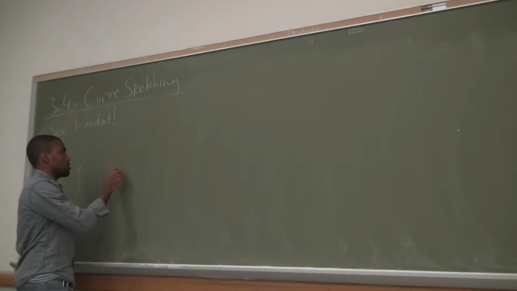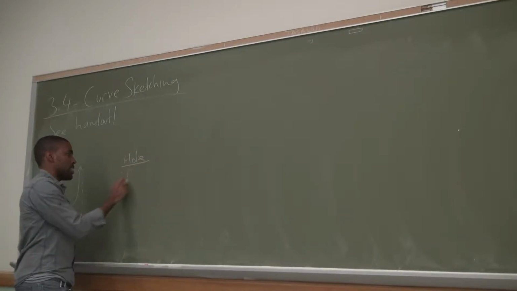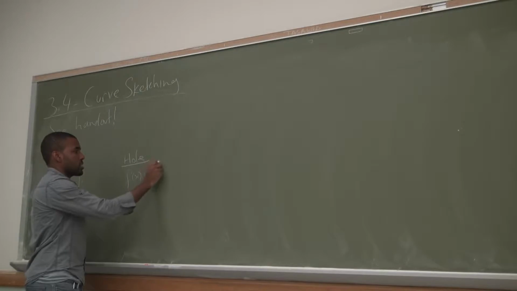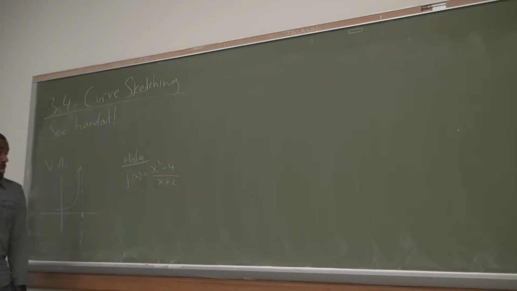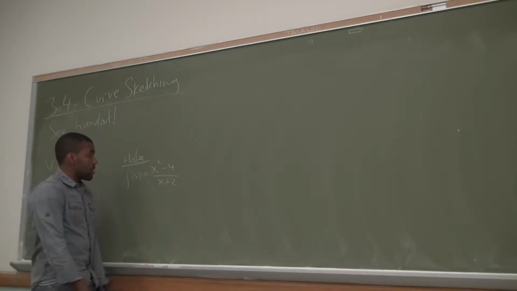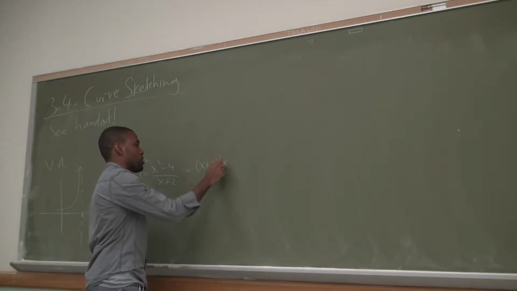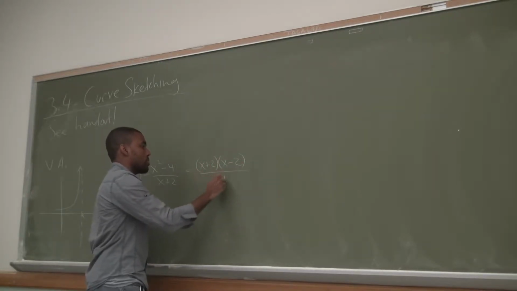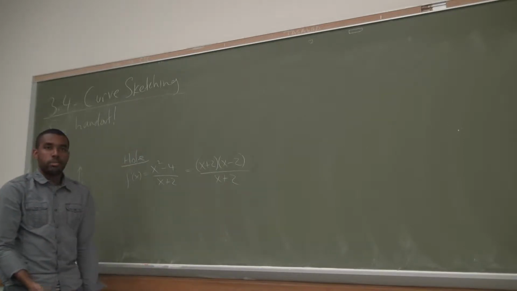So, just to give a trivial example of what I'm talking about. Let's say I wanted to graph f of x equals x squared minus 4 over x plus 2, right? Now, obviously, at x equals minus 2, there's a problem, right? However, I know that I could have factored this into x plus 2 times x minus 2, and technically I would be able to cancel this, and really my graph will only look like x minus 2.